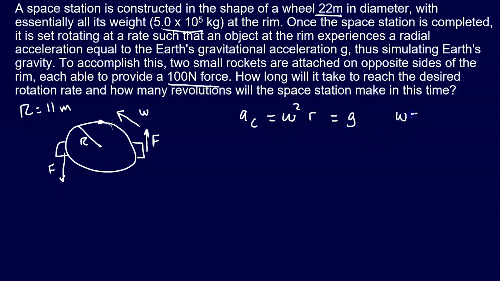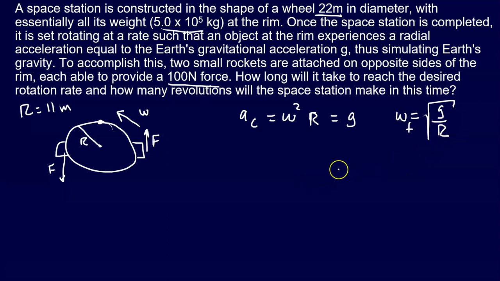If I solve for omega, with the capital R, since this is a point on the rim where you feel g as your acceleration, we get omega equals the square root of g divided by R. So that's our goal omega, which I'll call omega final. In this problem, it starts at rest, so its omega initial will be 0.